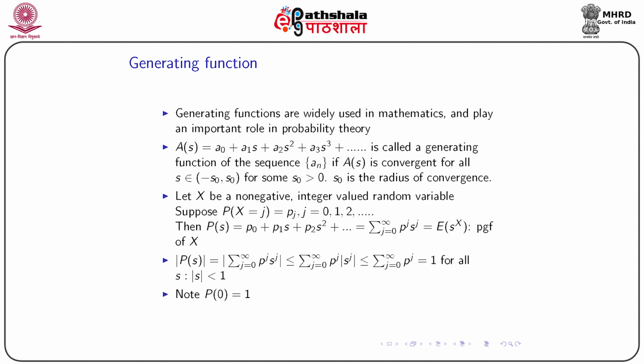Let X be a non-negative integer valued random variable, and denote P(X = j) as p_j. Then, corresponding to the similarity of A(s), if I define P(s) as p0 plus p1 s plus p2 s squared plus p3 s cubed and so on, that is, the sum over j from 0 to infinity of p_j s to the power j, then this is called the PGF of X. PGF means probability generating function.